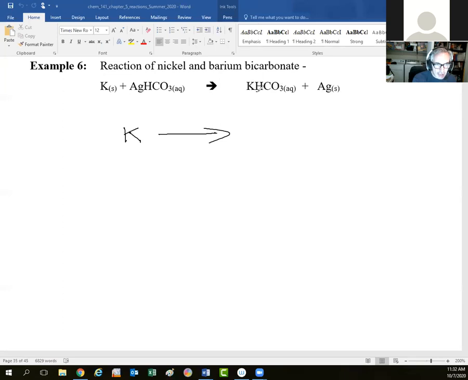Now, of course, hydrogen carbonate we should recognize because it's one of our polyatomic ions from chapter 3. And it has a charge and formula of HCO3 minus 1. That's just straight out of the notes. We should be familiar with all of our polyatomic ions.